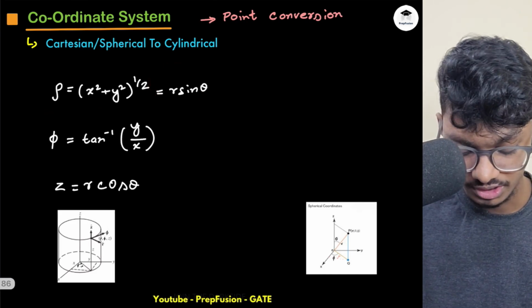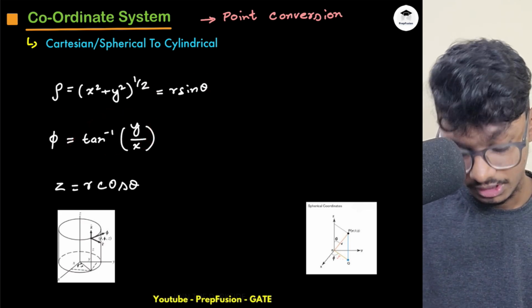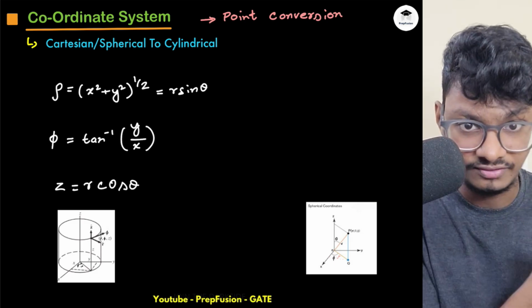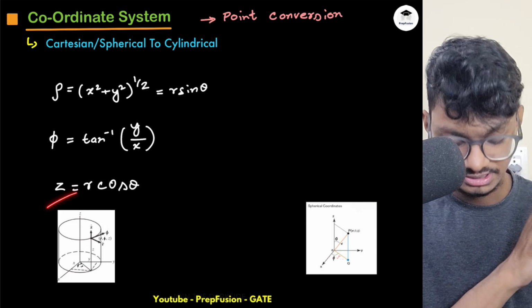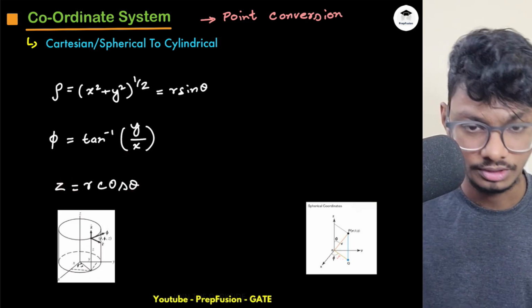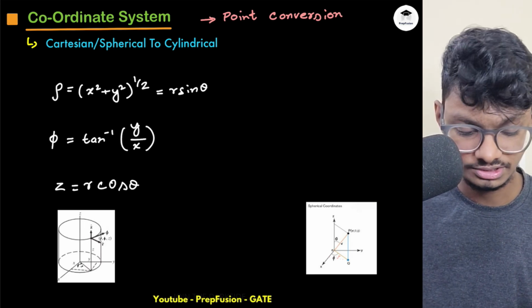So rho will be equal to r sine theta. Phi is directly related with this. For spherical to cylindrical, phi equals phi, they are the same, and z changes to r cos theta. And for Cartesian, z is z, there is no conversion.